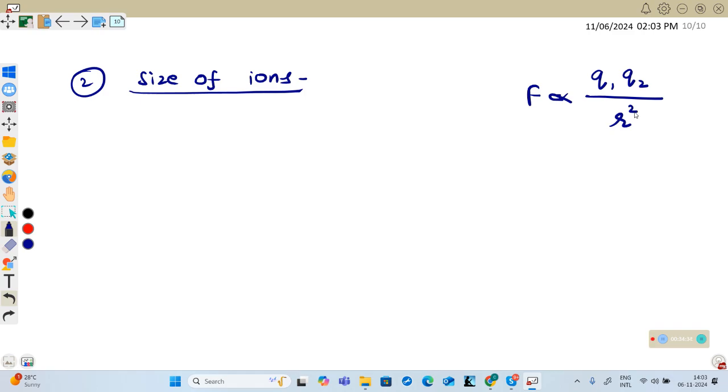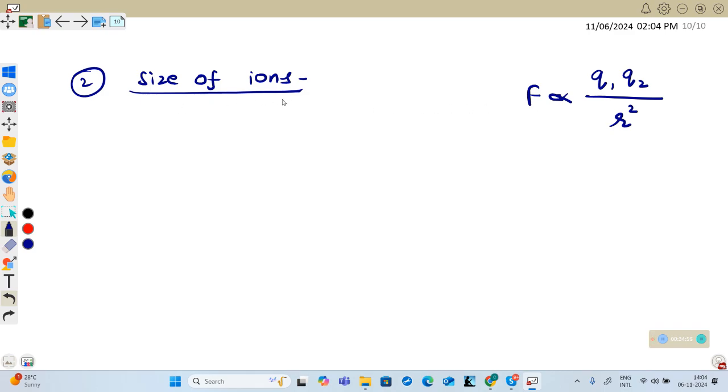It is called the inverse square law. Most natural forces except the nuclear force, such as electrostatic force of attraction, magnetic force and gravitational force, all follow the inverse square rule. The force is proportional to 1 by the square of the distance between the two particles. So that is called the inverse square law.